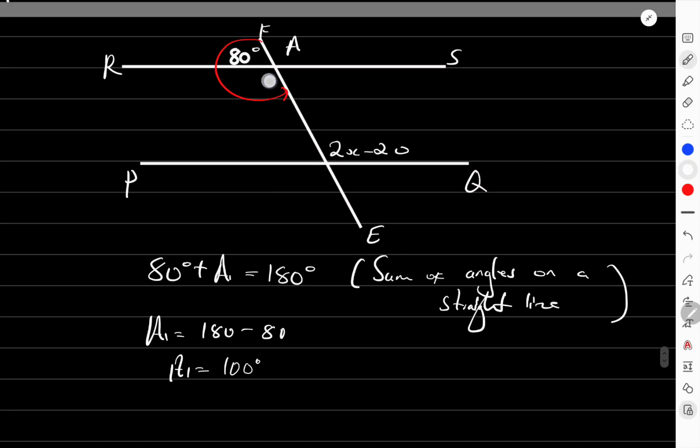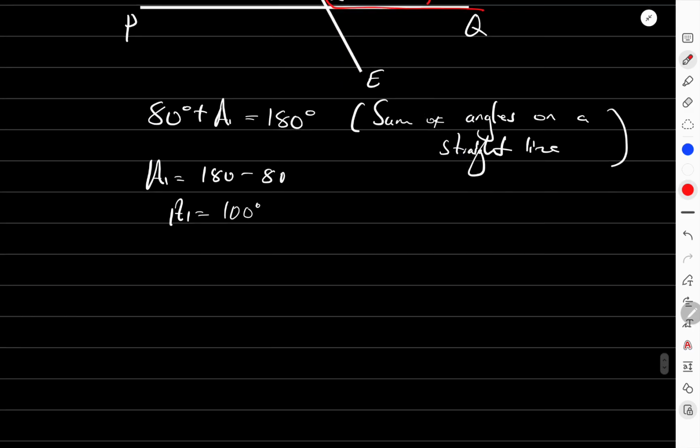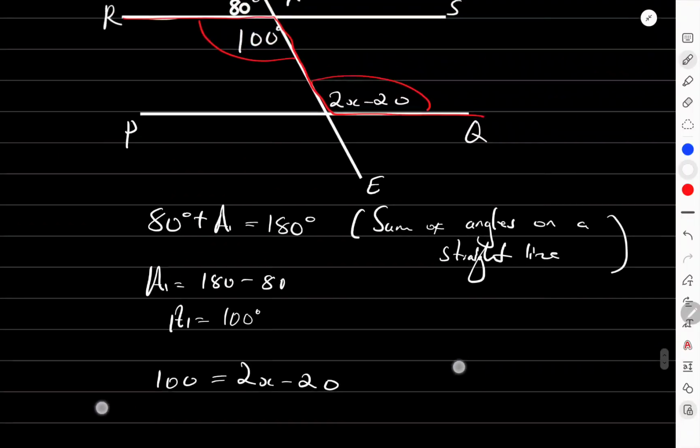Therefore the angle that is supposed to be here has to be 100 degrees. If I draw my shape like this one, the alternating angle shape, the angle that is found here and the angle that is found there are the same in magnitude. Therefore 100 degrees is the same as 2x minus 20.